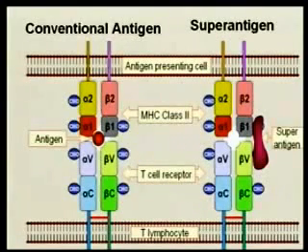It basically binds to a portion of the beta 1 of the MHC class II molecule, and it binds to a portion of the T cell receptor. So there's no requirement here. So this region right here, as we discussed before, is not nearly as variable as this portion here. So these are more conserved than this region here. So you get activation of a large number of T cells.